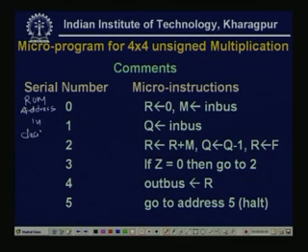At the 0th address, these two instructions are C0 and C1, so C0 and C1 equal 1, no branch. Here Q is in the bus, that means C2 is 1, no branch. Then R is R plus M, Q is Q minus 1.